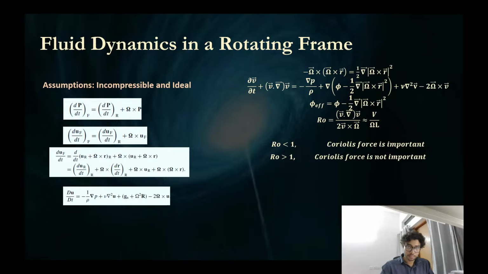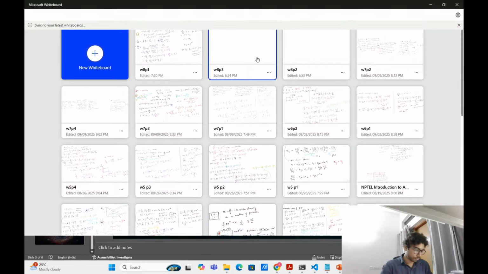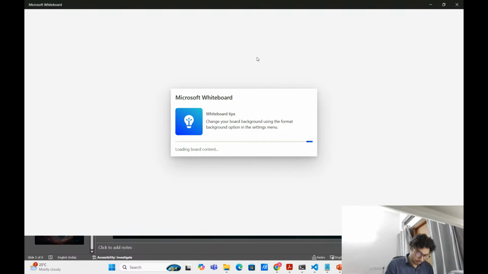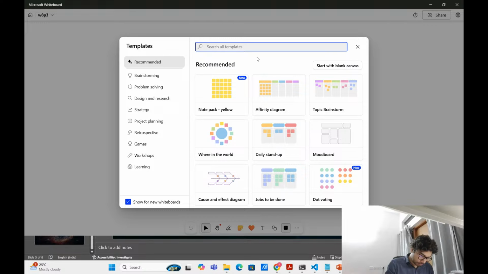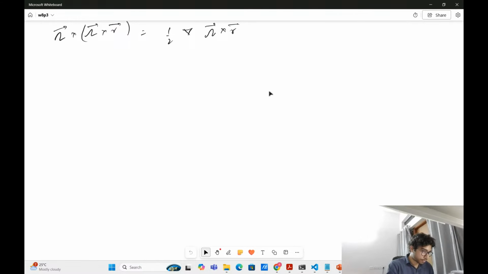Okay, so what we have to show is omega cross omega cross r equals half del of omega cross r whole square, right?